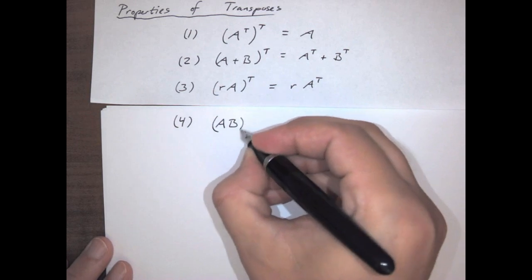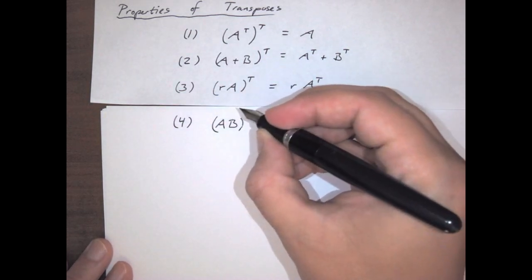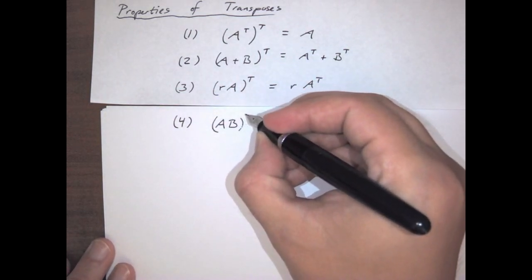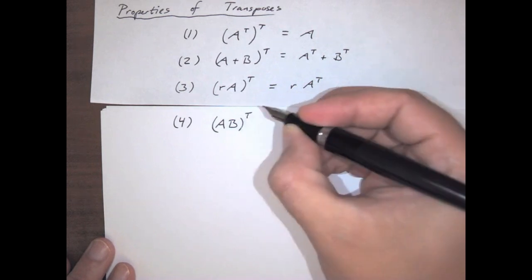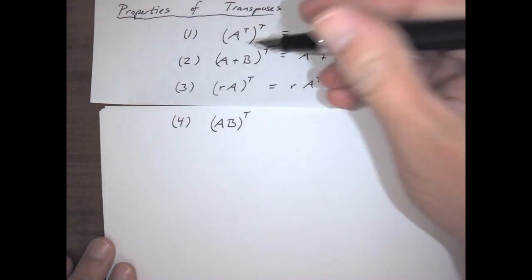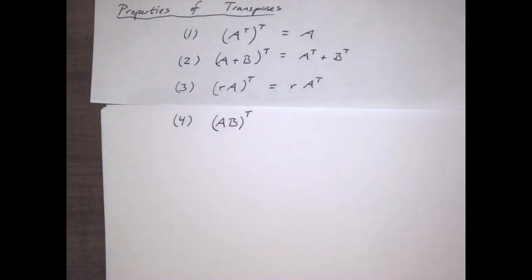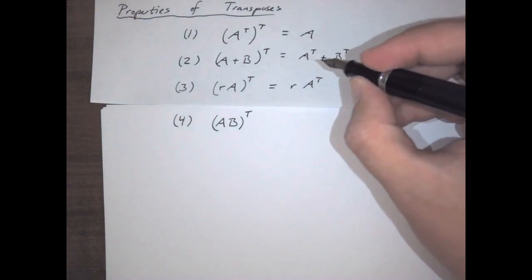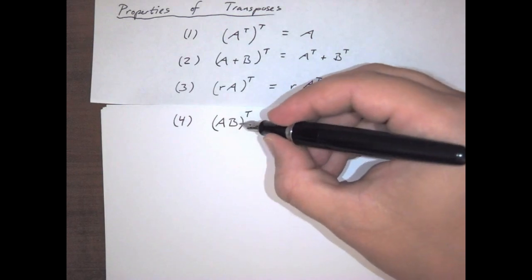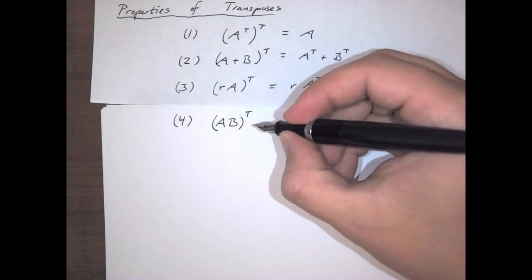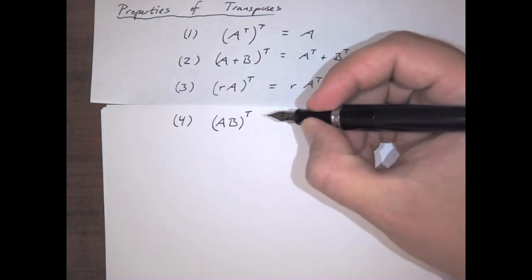So let's say A and B have compatible sizes to be multiplied, and we take the transpose of the product. Now, based on property 2, for example, you might expect and you might have hoped that this would be A transpose, B transpose. However, that's not the case.